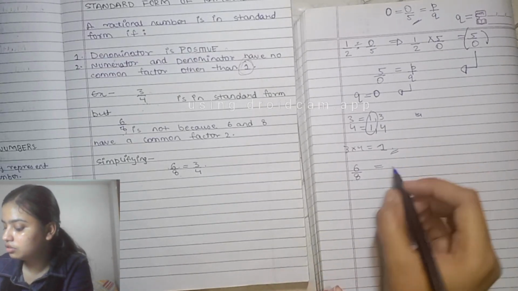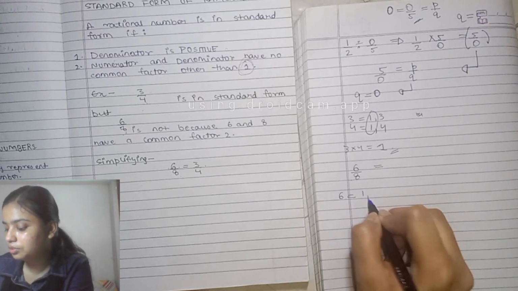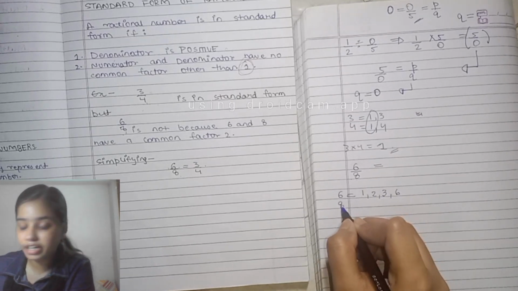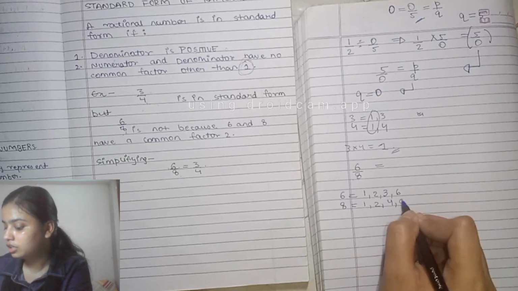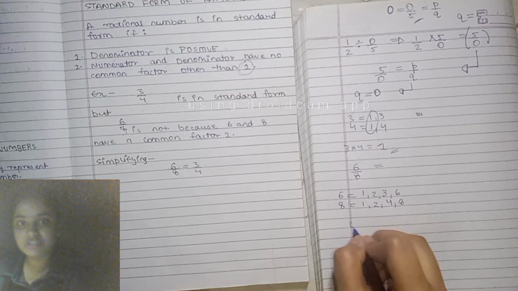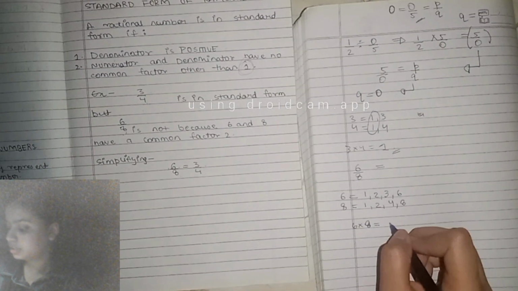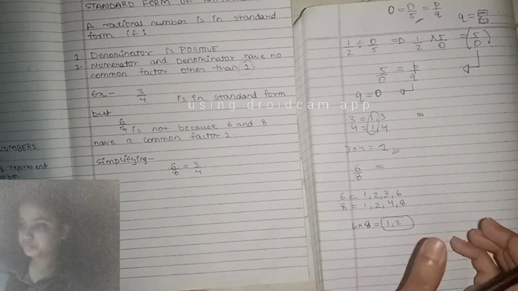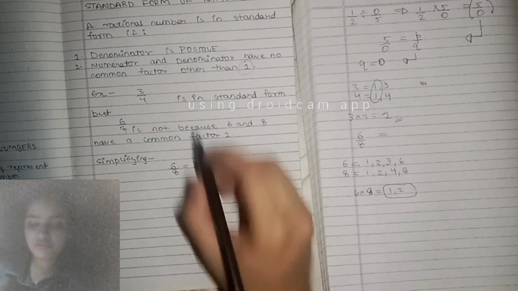So when we write the factors of 6, we get here 1, 2, 3 and 6. And when we write the factors of 8, we get here 1, 2, 4 and 8. So when we write the common factors of 6 and 8, what we get from here is that 1 and 2 are common factors between these two. Okay, so this is not in standard form.